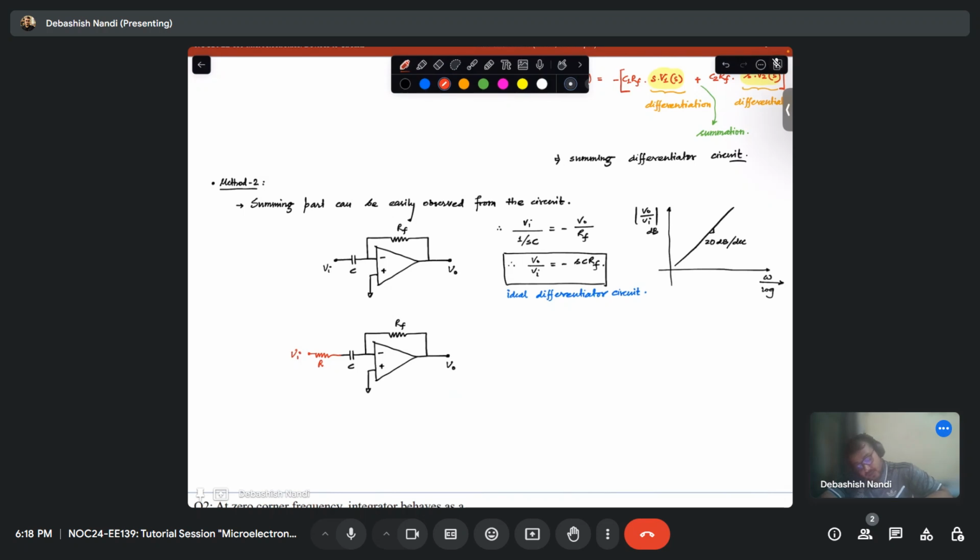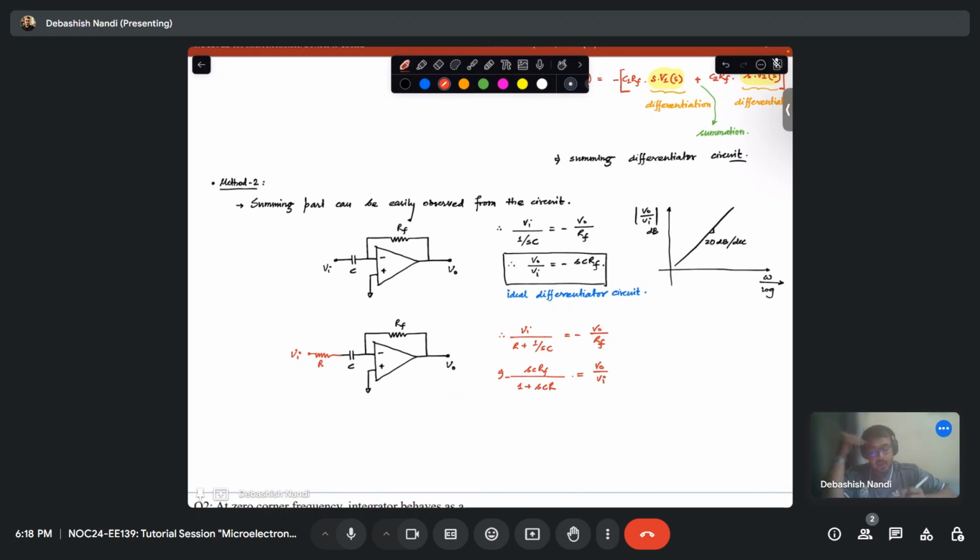Okay. So what will happen now? Your Vi over R plus 1 over SC gives me minus V0 by RF. So then SC RF over 1 plus SCR will be equal to minus V0 by Vi.